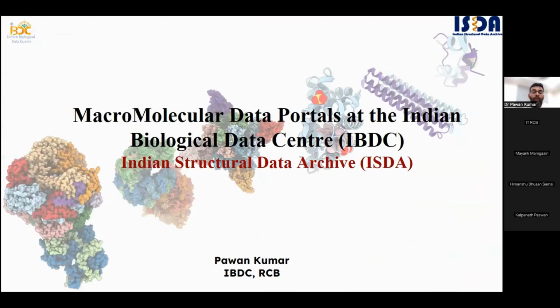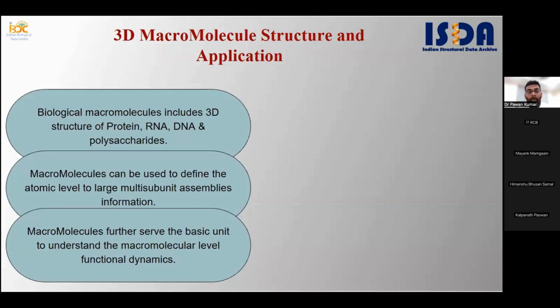Now, coming to the macromolecular data portal, the topic of this webinar, we will discuss the Indian Structural Data Archive, ISDA, which is developed at the IBDC to analyze and store macromolecular data in the IBDC. So why do we need 3D macromolecular structure information?